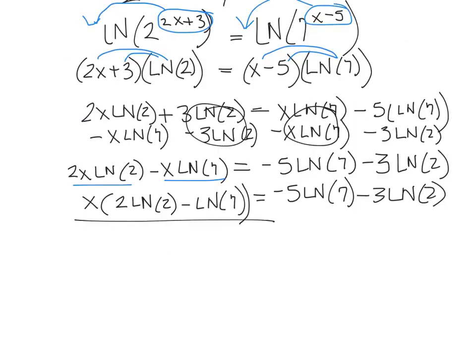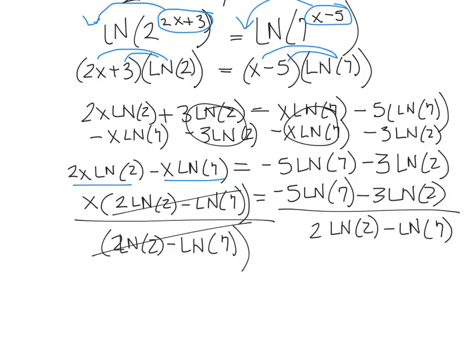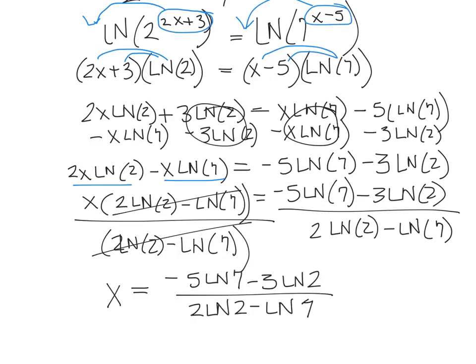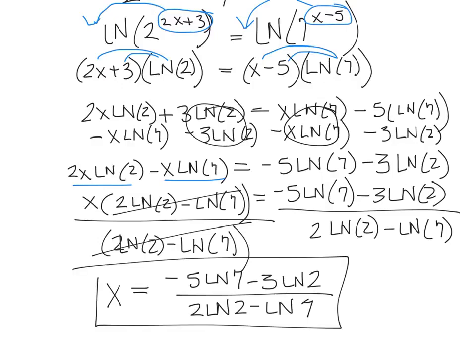Lastly, I'm going to divide both sides by 2 ln of 2 minus ln of 7. Now I'm left with a single x on the left side, and my answer is negative 5 ln 7 minus 3 ln 2 divided by 2 ln 2 minus ln of 7. And this is my answer in logarithmic form.